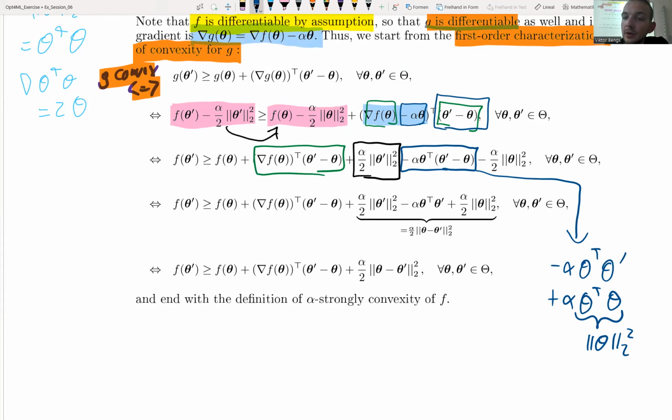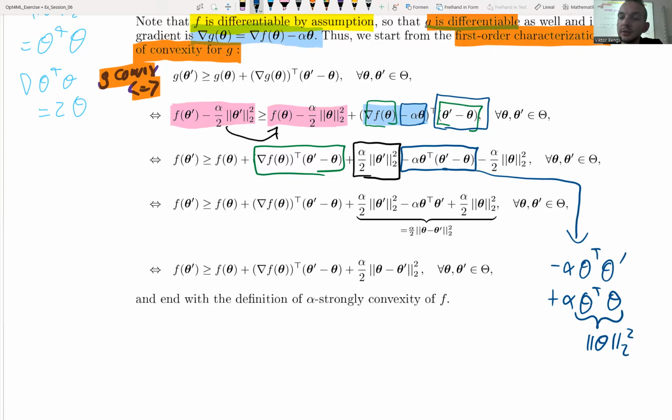So we can combine this second term from the blue term with this thing at the end, with this minus alpha half term, and we get here a plus alpha half term. This is where this is coming from.